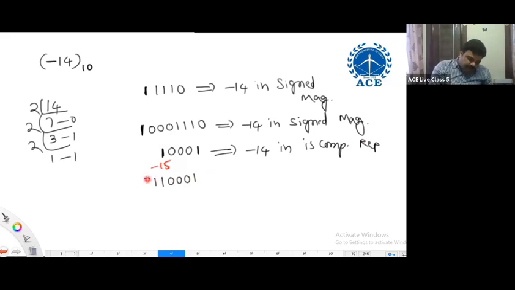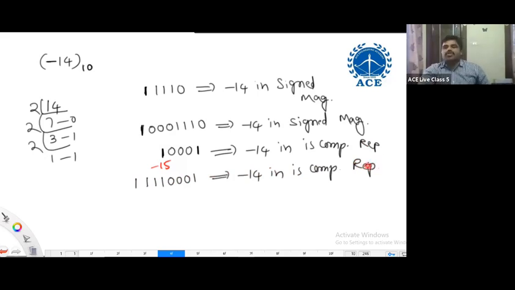Then extending with MSB. Yes, it is minus 14 in 1's complement representation. Here I can do extension with the MSB 1. 10001 is minus 14 using minimum number of bits.